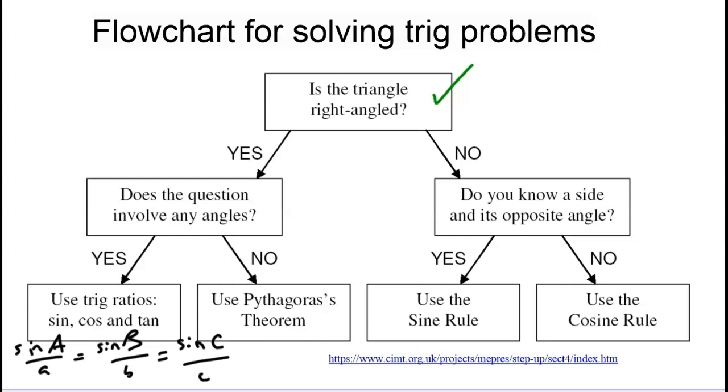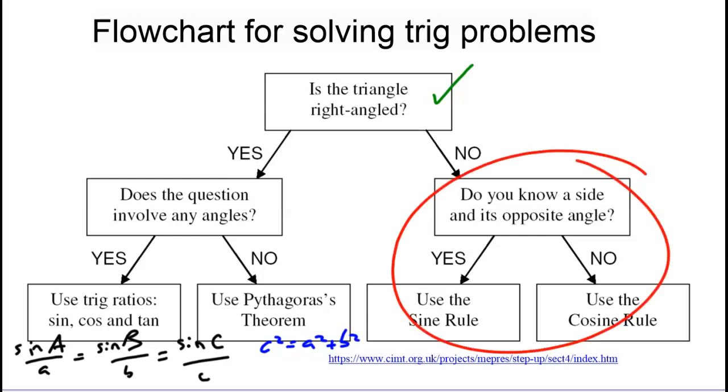If there aren't any angles, and you're just given sides in a right triangle, then remember you can use the Pythagorean theorem, which is c squared equals a squared plus b squared. And like I said, we'll be looking at these in future videos.